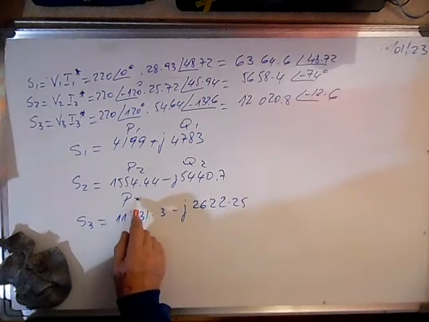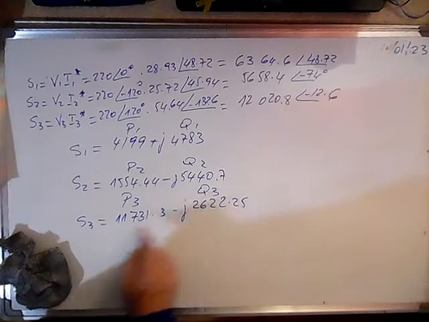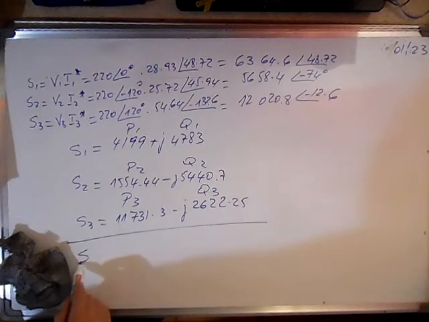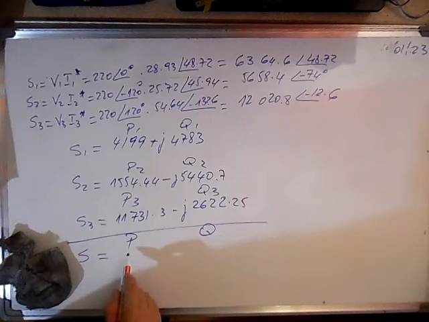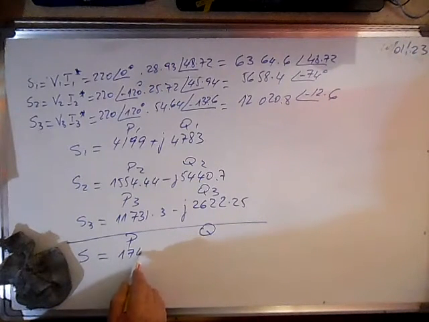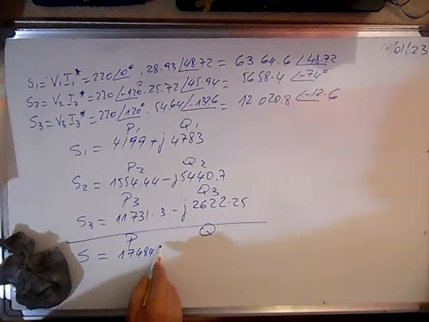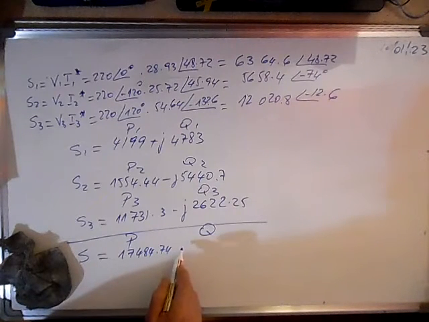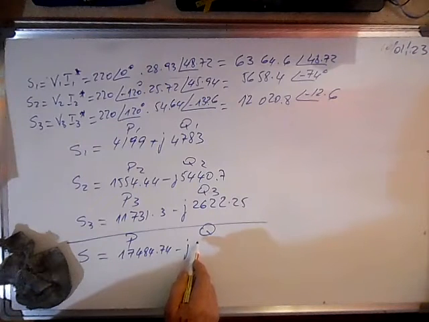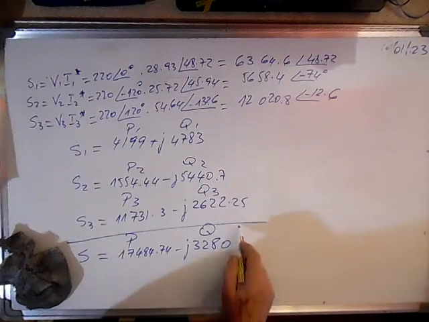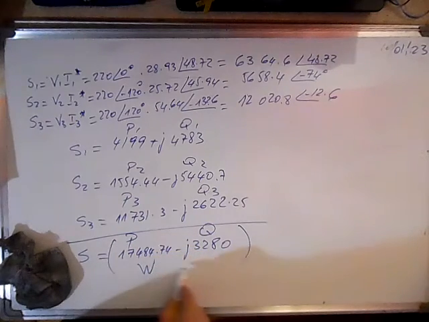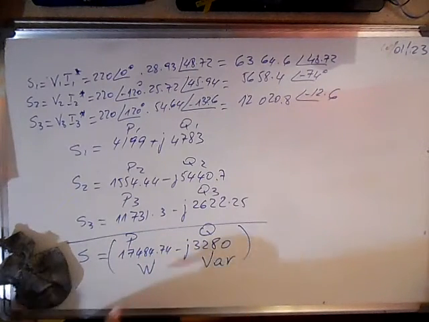This is P3, this is Q3, and the sum of the three is P and Q here. So it is 17,484.74 minus j328. And that's it. This is in watts and these are in vars.